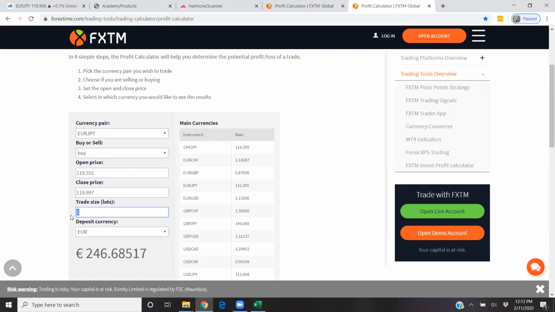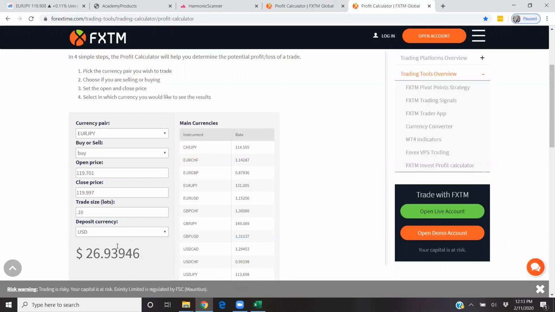So you go ahead and type that in, and then whatever your lot size was, and then you'll have to choose your currency. So if you did a penny lot on that 30 pips, this would be your profit, and you can adjust it. So this would be a 5-cent lot, a 10-cent lot. So you can see what your profit would have actually been based on that 30 pips.